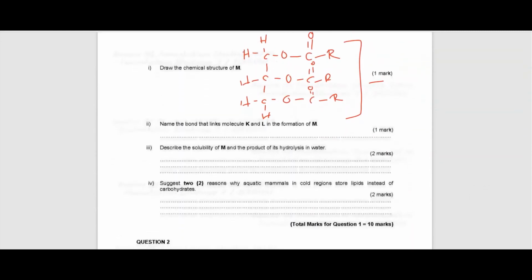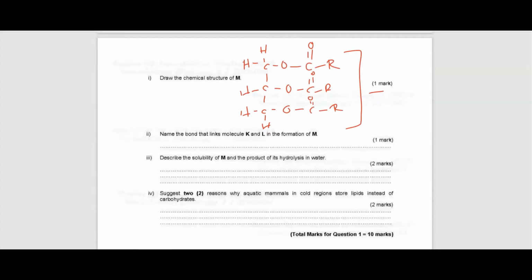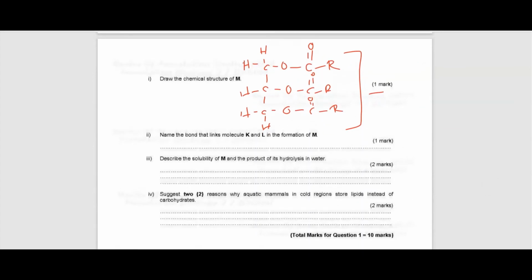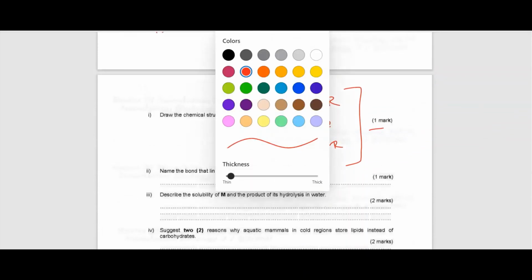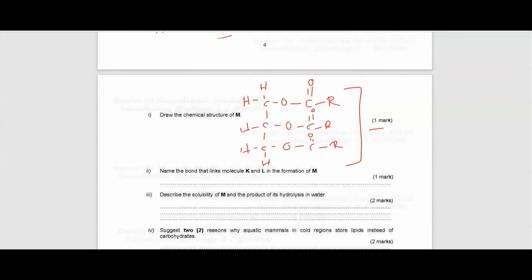So question 2, name the bond that links the molecule K and L together. All right, the bond that forms is between the oxygen, the carbon, and the oxygen here.